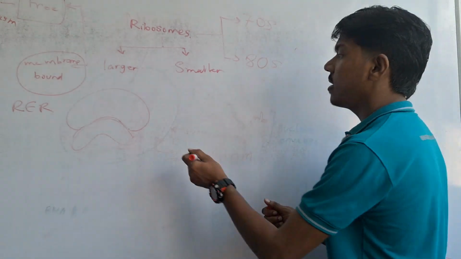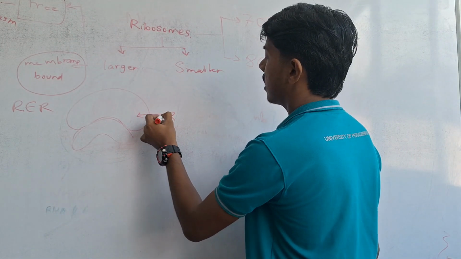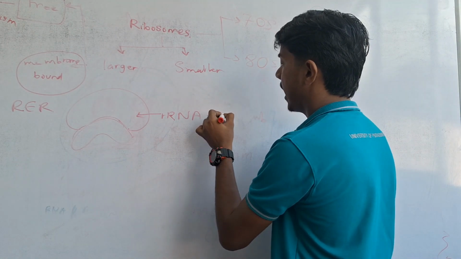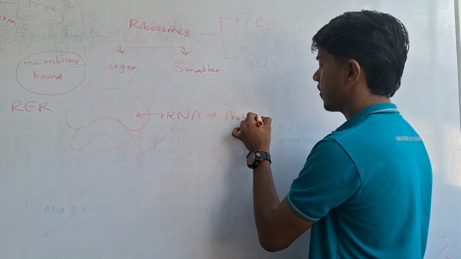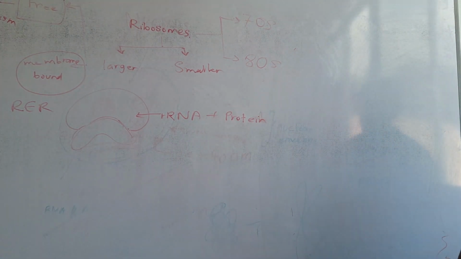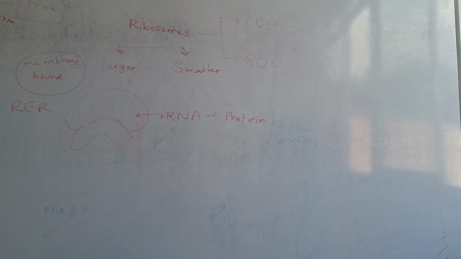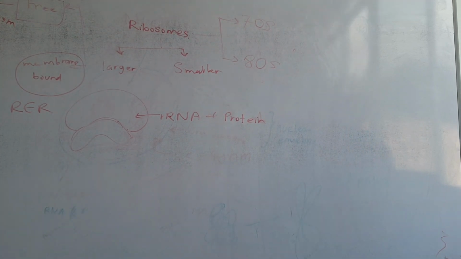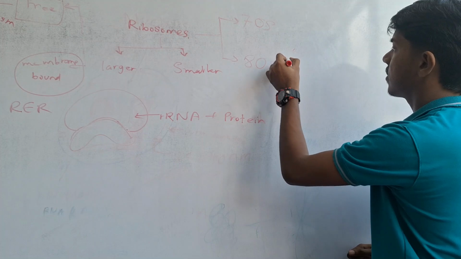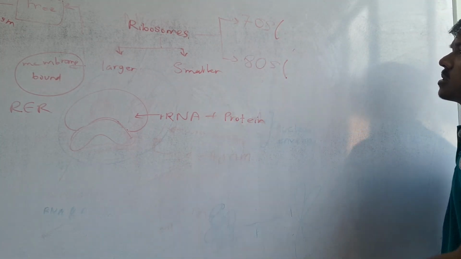Functions of ribosomes. They are composed of RNA and protein, same as the nucleolus. Where can you see 80S ribosomes? 70S ribosomes?